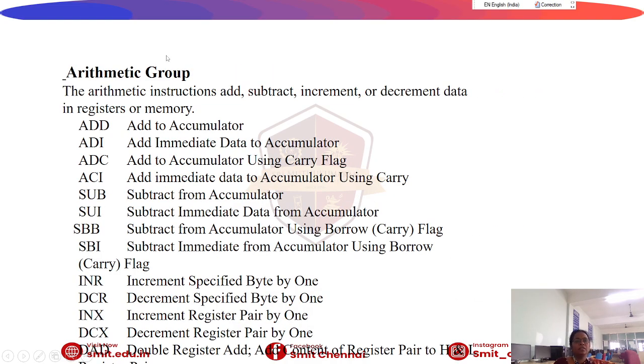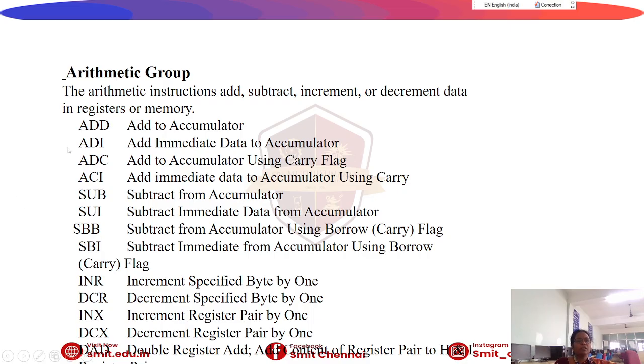And next, arithmetic group. Arithmetic instructions add, subtract, increment or decrement data in register or memory. So these are the instructions that are used to do the arithmetic functions, which is nothing but add, subtraction, increment, decrement in the register or memory.